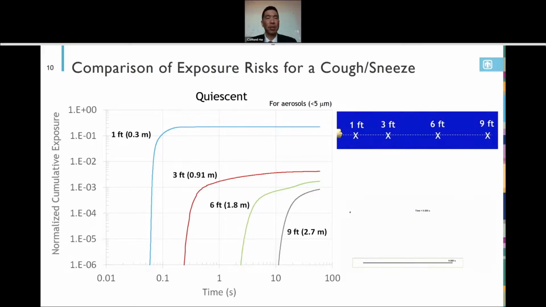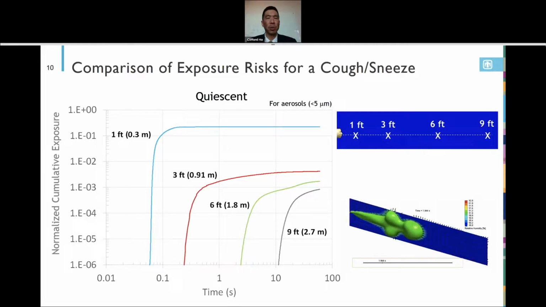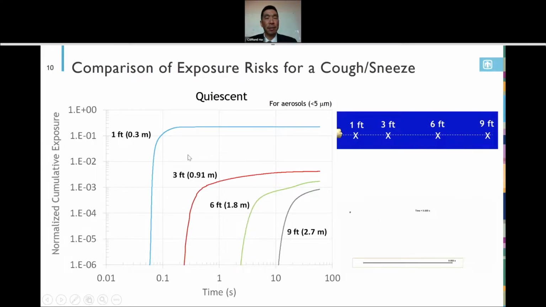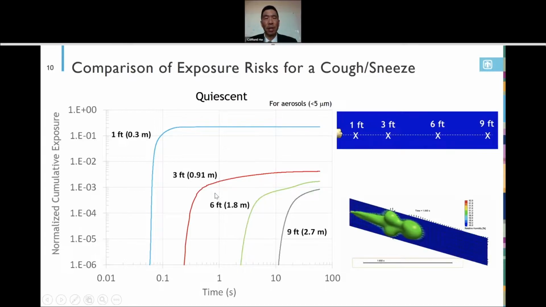On the left is a plot that shows the normalized cumulative exposure, and what that is, again, is the time integrated concentration at any of these distances divided by the time integrated concentration right at the mouth. Okay, so a value of 1 means that's what's being expelled. And at these different distances of 1, 3, 6, and 9 feet, these are the cumulative exposures. So this is tied to the risk of transmission. And a couple key takeaways here are that distance does matter and time matters.